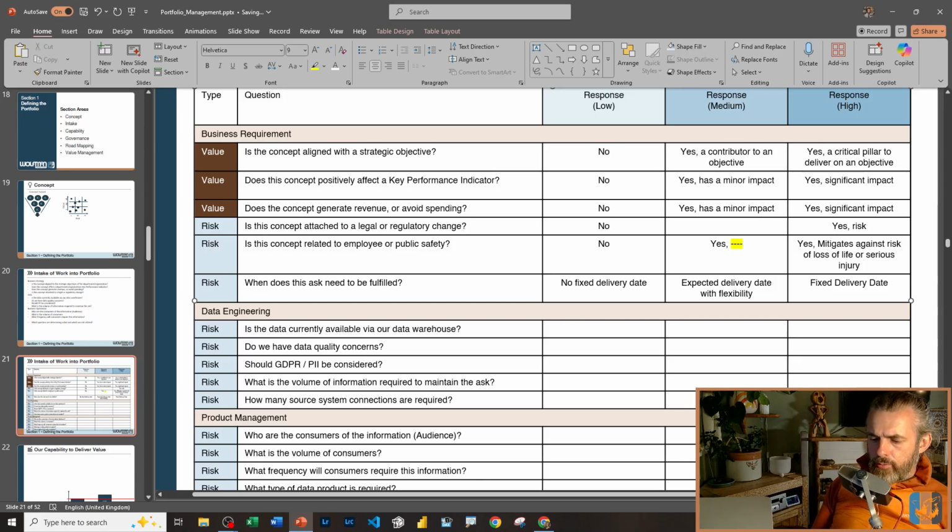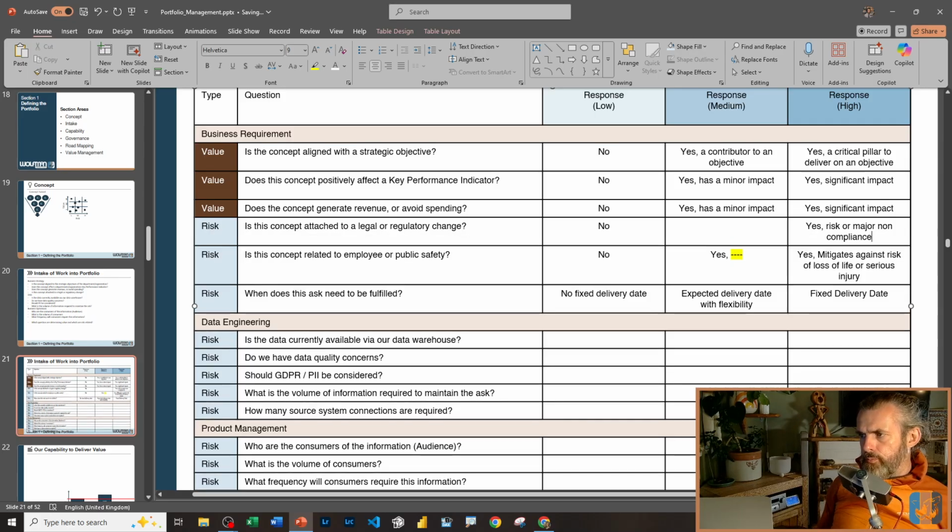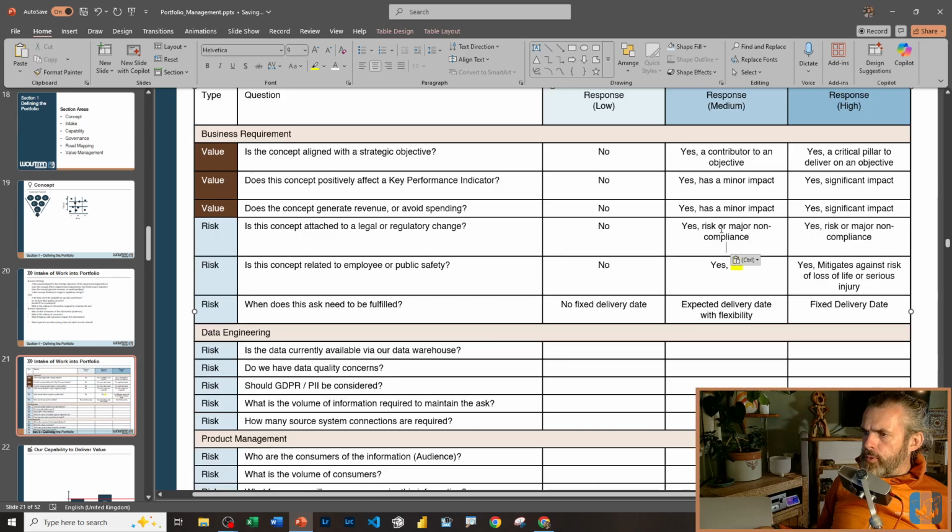Risk of major non-compliance. And then this one could be that it's a minor non-compliance.